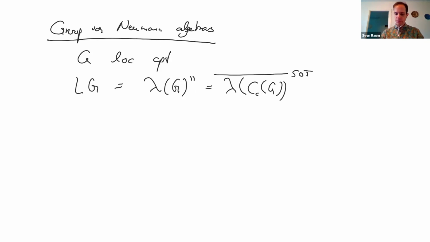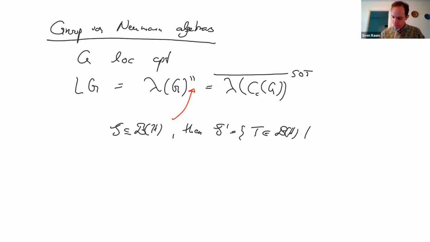So let me explain these two pieces of notation here. If S is in the bounded operators of some Hilbert space, then with S commutant, let me write it in script form, I mean the set of all T in B(H) such that for all S in my script S, we have TS equals ST, right?